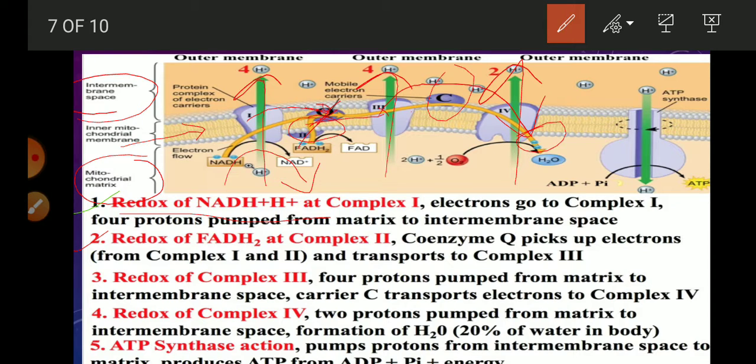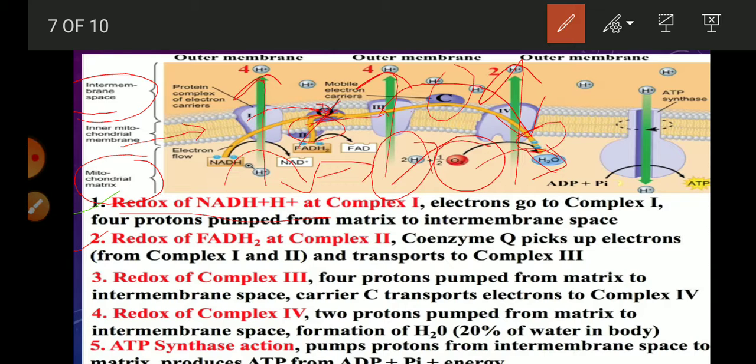So what happens? The oxygen which we inhale is utilized here. That's why it is called aerobic respiration. The 2 protons from the matrix react with oxygen and change into water. So in the last, the terminal electron acceptor is oxygen, forming water.